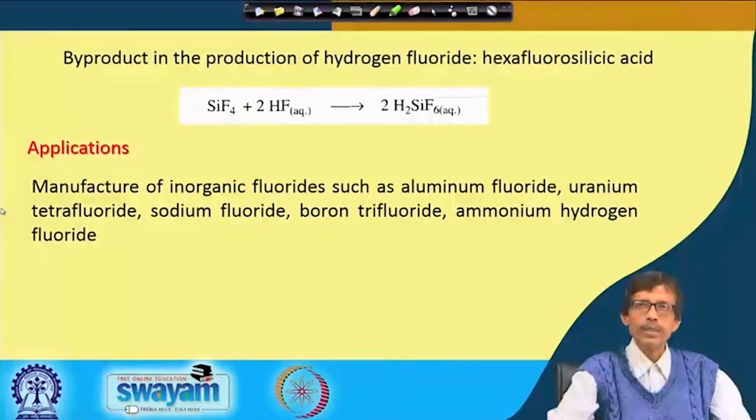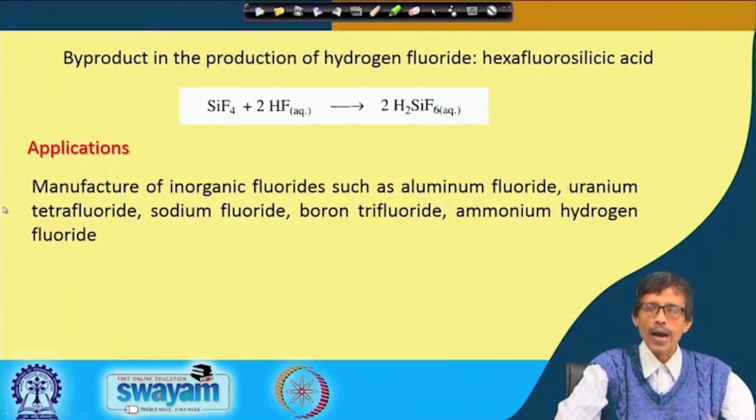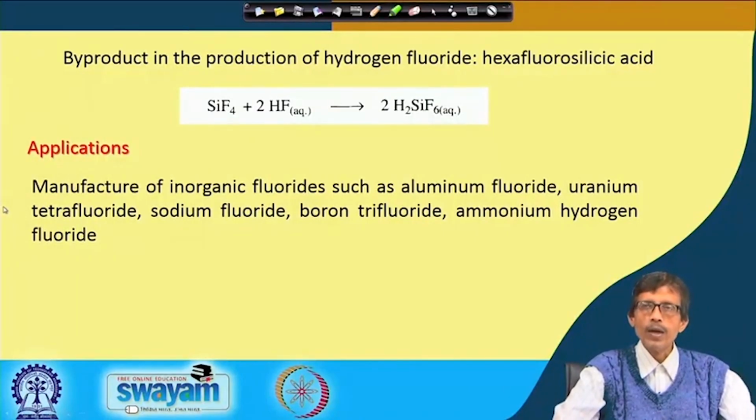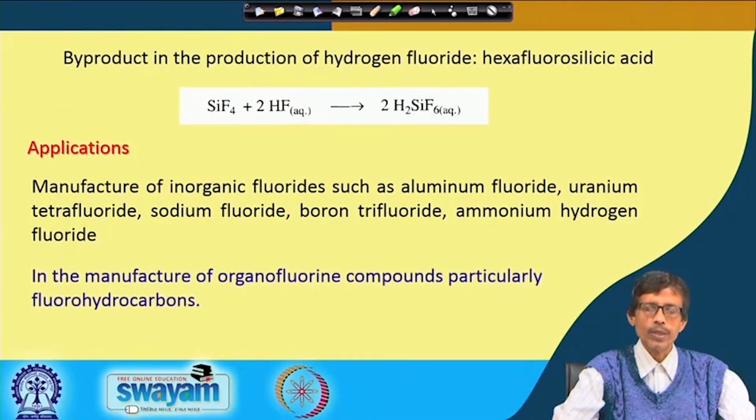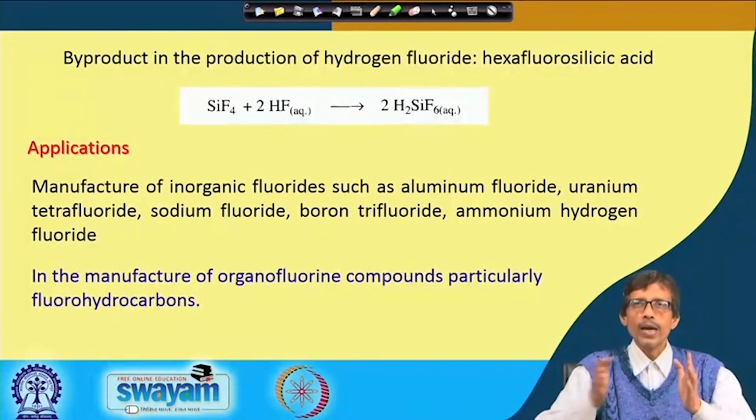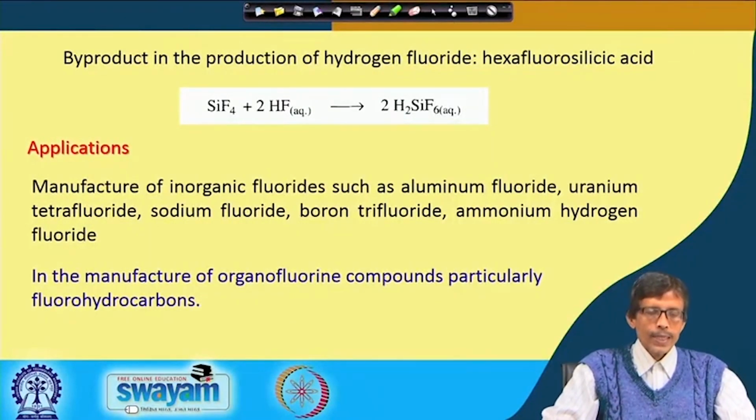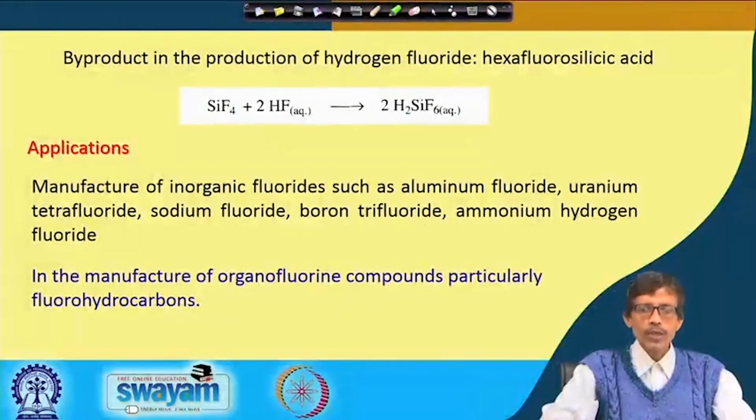Even for titrimetric procedures in analytical chemistry, you add this and you can avoid the iron interference, because the iron will not interfere during that estimation. Suppose we are analyzing iron and copper together. Then it is utilized for the manufacture of different organofluorine compounds, particularly fluorohydrocarbons or fluoro derivatives of ethylene.